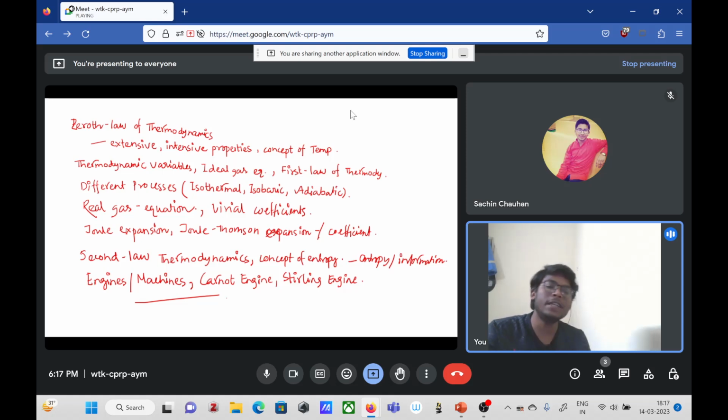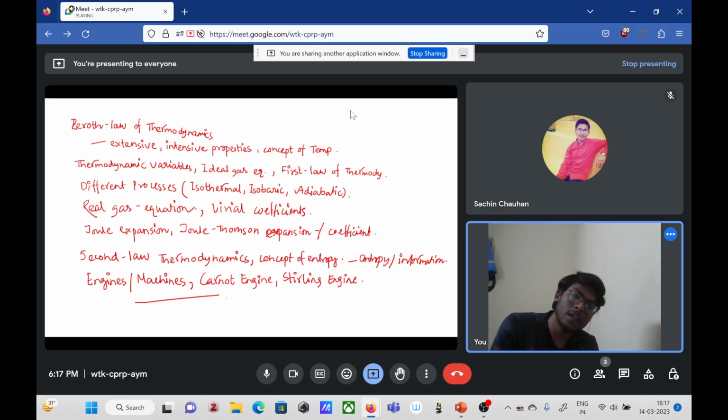So an engine actually extracts some heat from the hot reservoir, and then it throws a lesser amount of heat to the cold reservoir, and in between some amount of work is achieved. That is the engine's role. Now a machine does the opposite thing. It draws some heat from the cold reservoir.